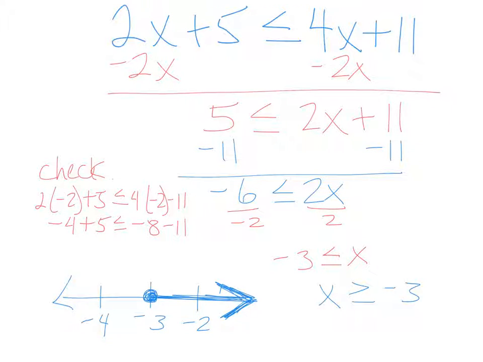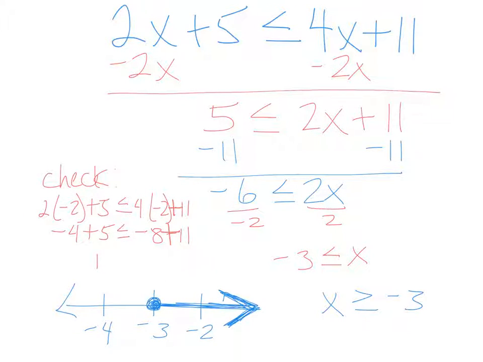Negative 4 plus 5 is 1. Okay, so I have negative 4 plus 5 is 1, is less than or equal to negative 8 plus 11 is 3. 1 is less than 3, so that is true.